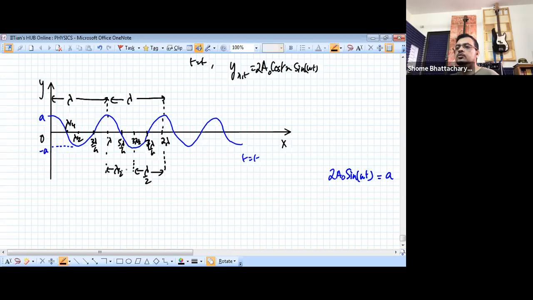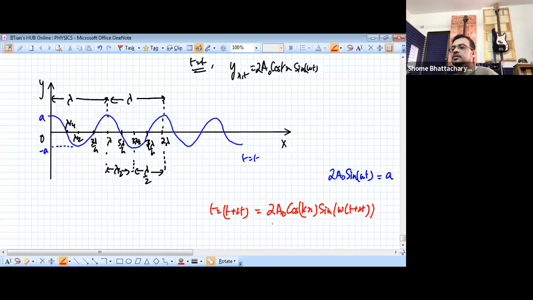Now, if you want to see how it progresses from this time to just a moment later, it has gone from t to t plus delta t. So this becomes 2a naught cos kx sine omega into t plus delta t.